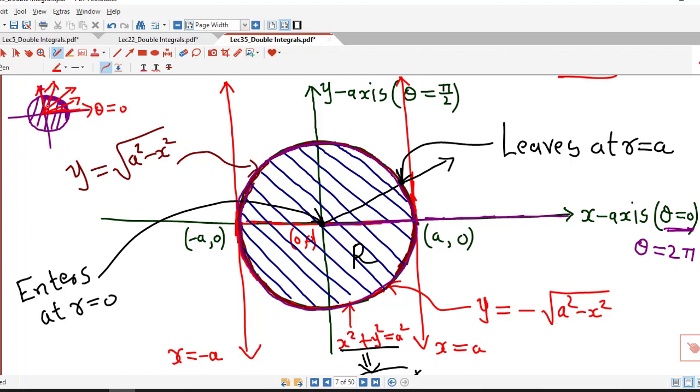So here theta becomes pi by 2, then we go in this direction. So to cover the whole region, we will have to go up to this point, starting from theta equal to 0, and after completing one circle we have theta equal to 2 pi. So the limits of theta are from 0 to 2 pi.